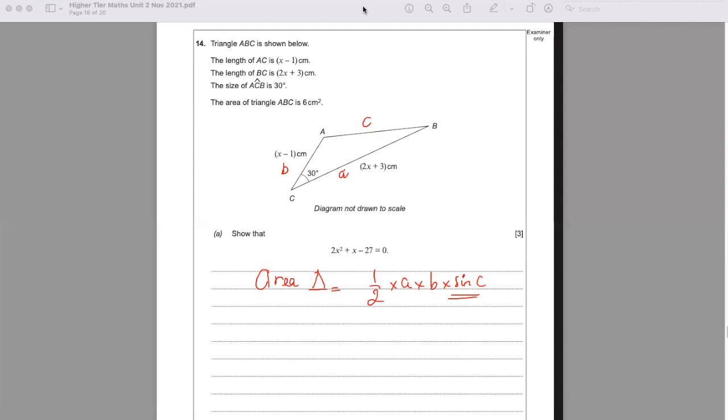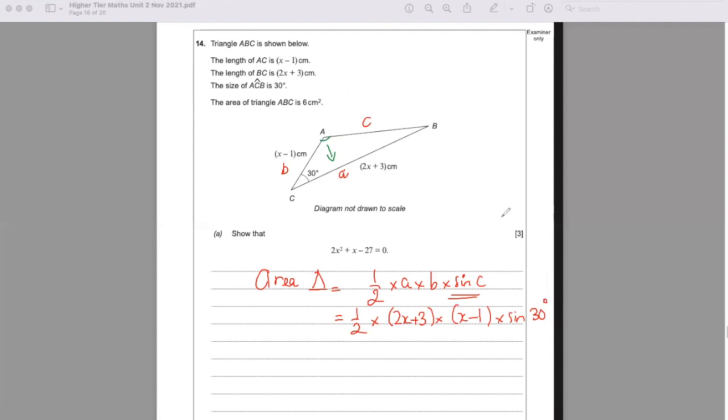So let's just substitute them in. Your A, which is 2x plus 3, A is opposite of angle A. That's how they label it. So that will be a half times 2x plus 3 times B, which is x minus 1, and times sine of 30 degrees.